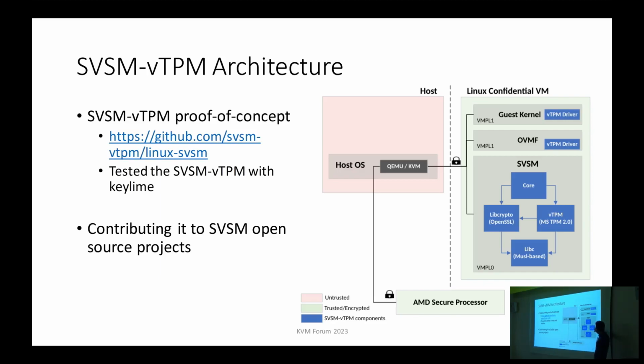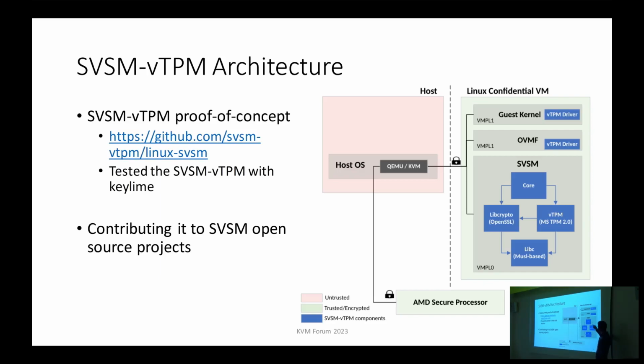So here inside the SVSM, we have the core, where we have most of our contributions, because we need to integrate the VTPM, the Microsoft TPM, and also integrate libcrypto and a small libc, I would say. It's only the runtime part of the libc, and it's based on musl.